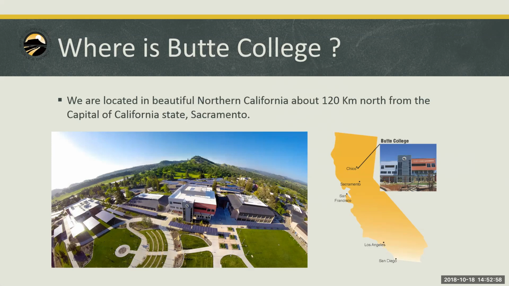If you want to have a better view of our campus, I highly encourage you to check our virtual tour after our webinar, and we will provide you the link in the group chat in a few minutes. Also, on the map, you can see the closest city, Chico, where a lot of our students prefer to stay.